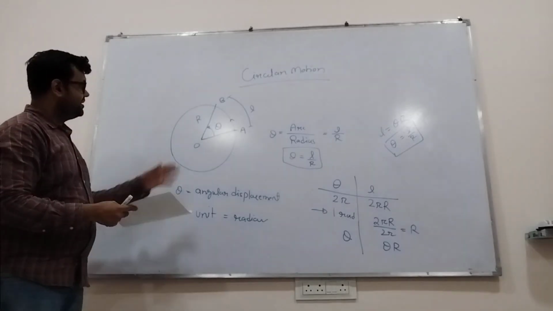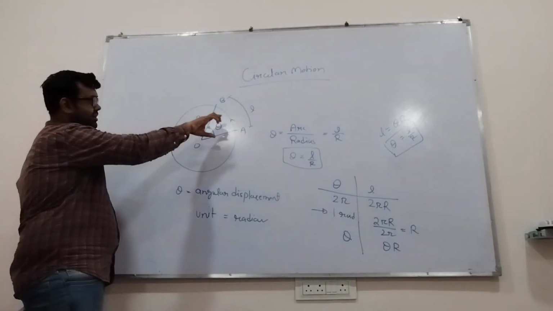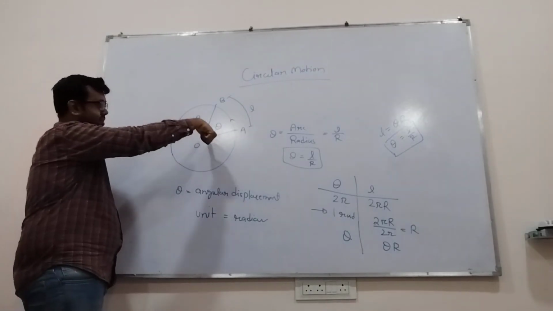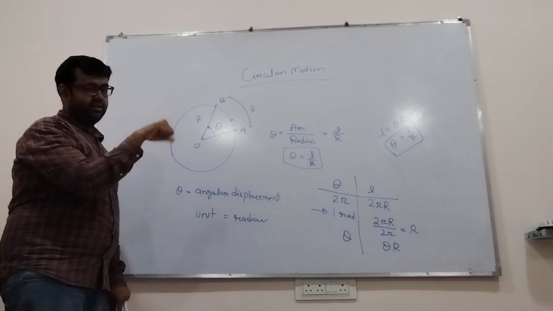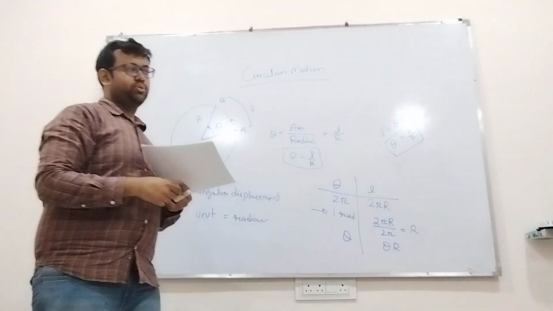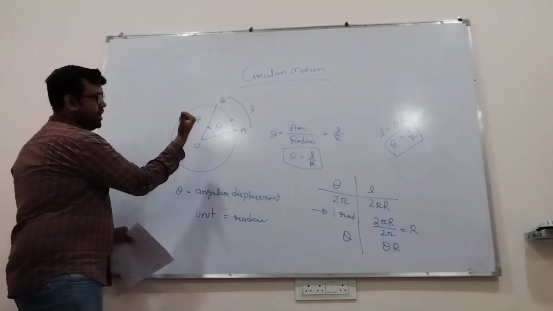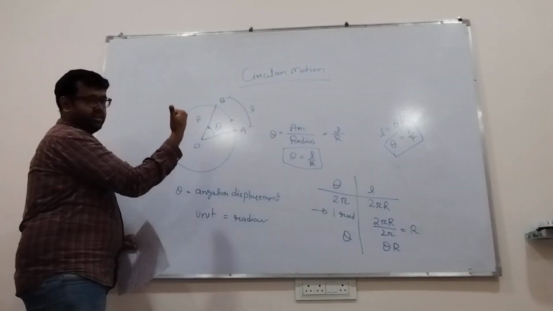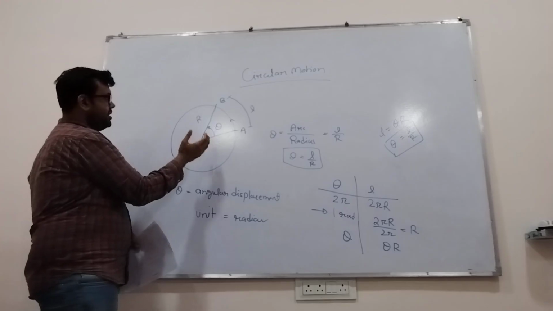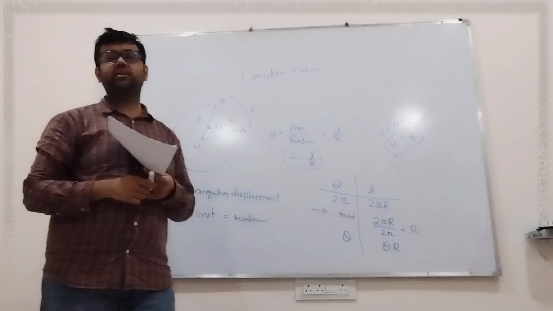That is either outward, and if it is moving in the opposite direction, then the direction will be inward. Or you can also say that it is x and it is y, then the forward direction is nothing but the positive z direction. If it is moving in the opposite direction, then it will be in the minus z direction.